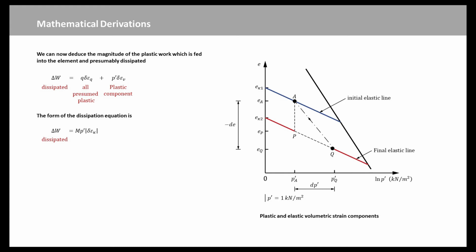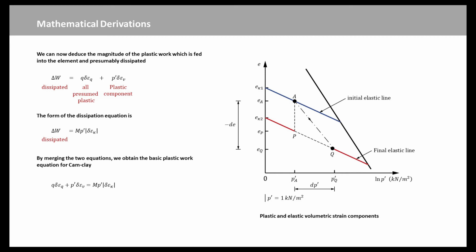It contains a friction constant M for the soil, the average effective stress p dash crunching the grains together, and the magnitude of the change of shape of the element, put inside a modulus sign so that work is always dissipated, even if the element gets longer and narrower, delta epsilon q less than 0.